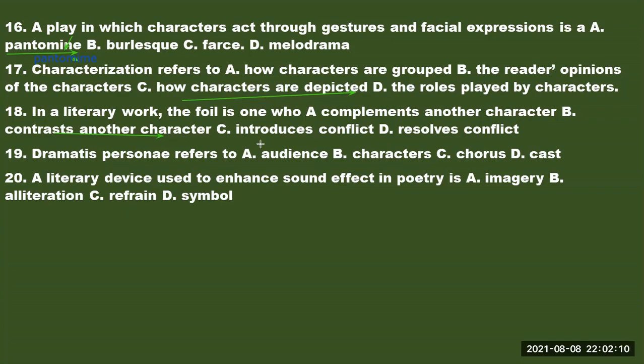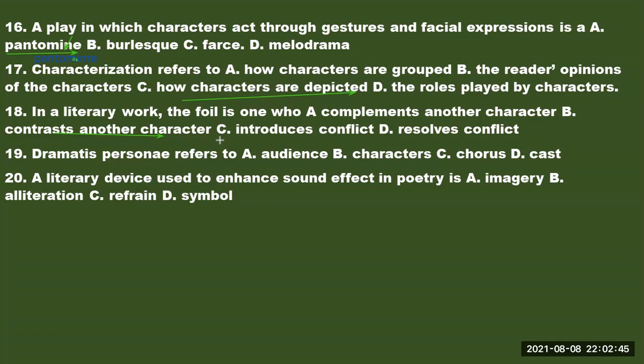If you are conversant with different works of art like plays and novels, you find that some writers will always bring a character that is opposite to the main character and then present them so that through the actions of the foil, you will be able to understand the main character in a deeper form.